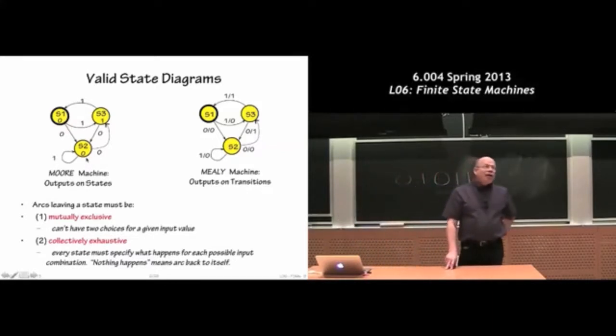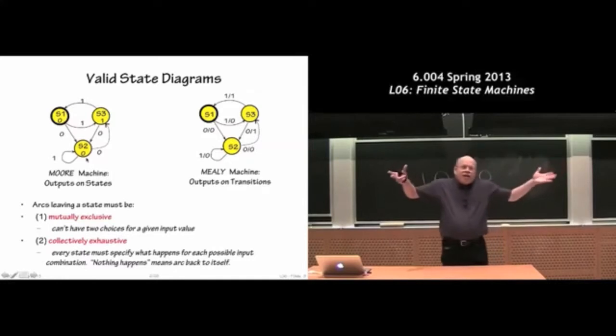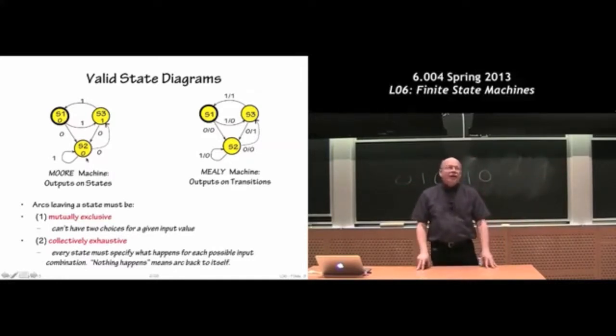If I saw two arcs labeled 0, what would that mean? I think that's a great answer. We haven't been specific enough: which transition is the state machine supposed to take? So that's a no-no. The arcs all have to be mutually exclusive.